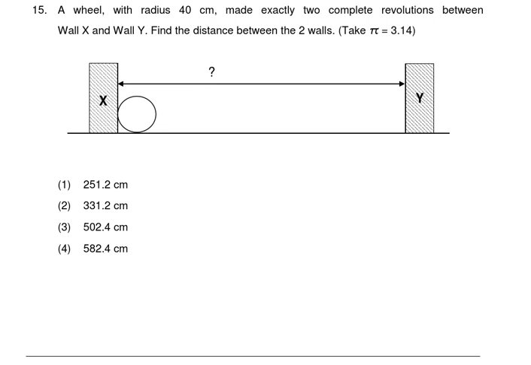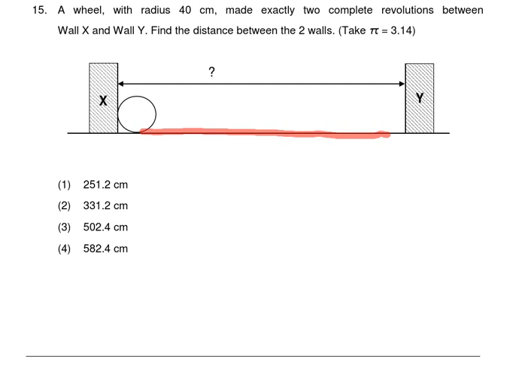So it makes 2 complete revolutions. You are supposed to find the distance between the 2 walls. So the moment the wheel starts moving, right, if it completes 2 revolutions, it will measure the distance from here to here, correct or wrong?